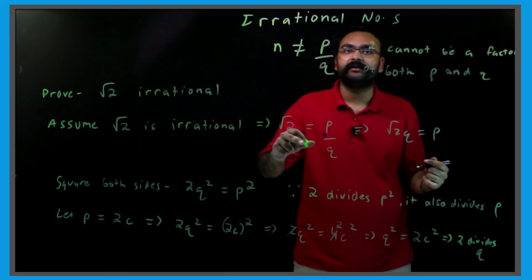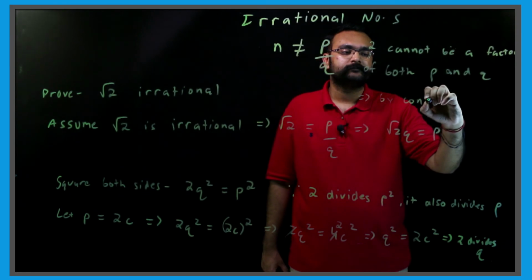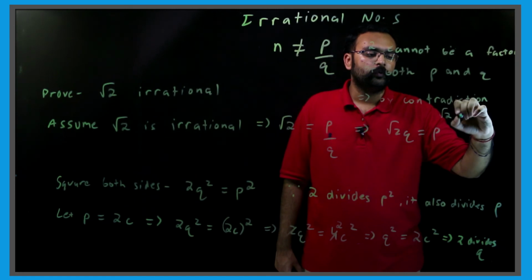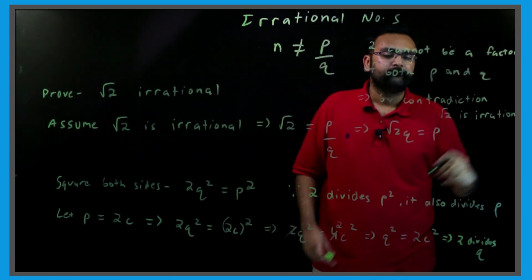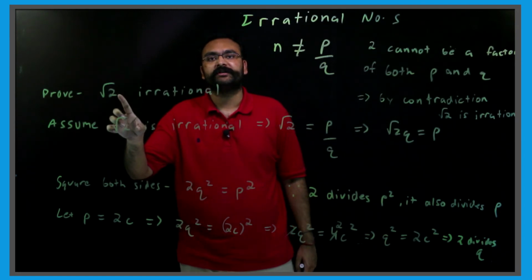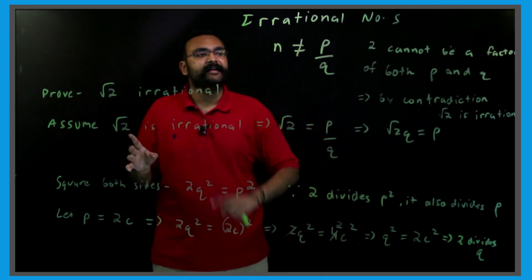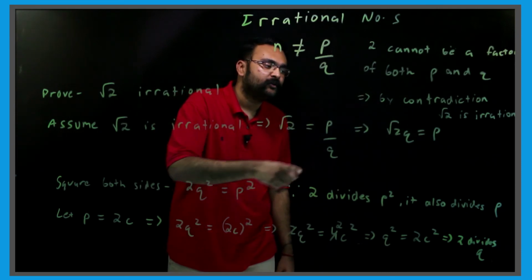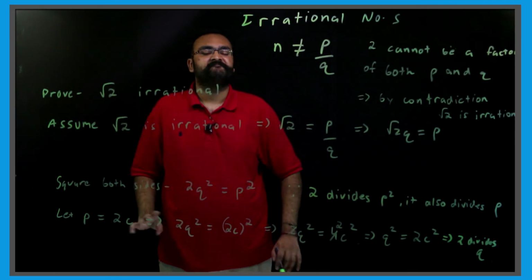Hence, our assumption is not possible. So, by contradiction, root 2 is irrational. And this is how we will prove all questions with root involved in it irrational. You'll simply make it equal to p by q, you'll manipulate it, and you'll come to a point where you'll get this problem. So whether it is root 5, root 7, doesn't matter.